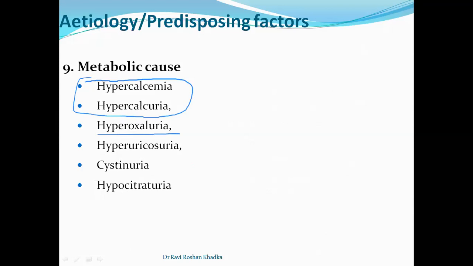All of these contain more oxalate. Excess consumption of these things can lead to hyperoxaluria. Also, excessive vitamin C intake can lead to conversion into oxalic acid and lead to hyperoxaluria. That's why excessive calcium consumption is not advocated.